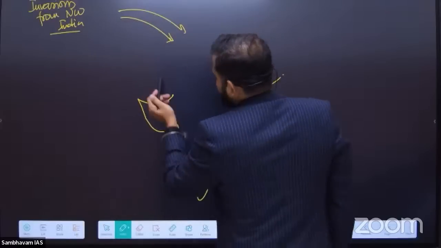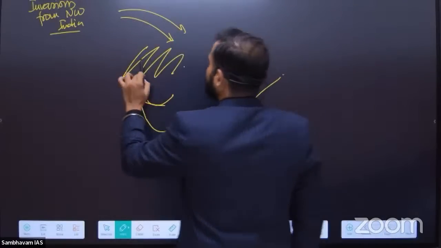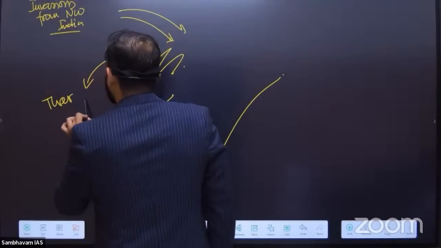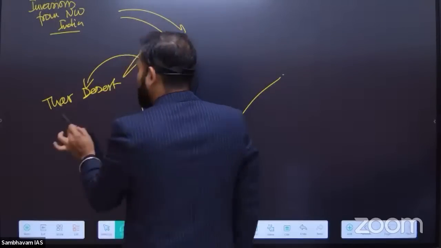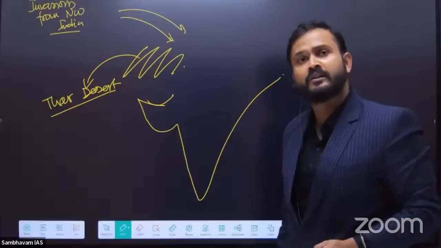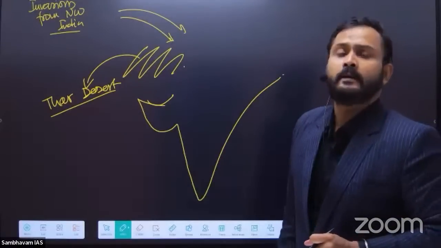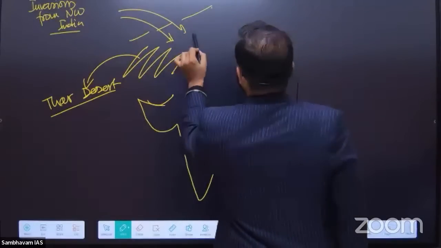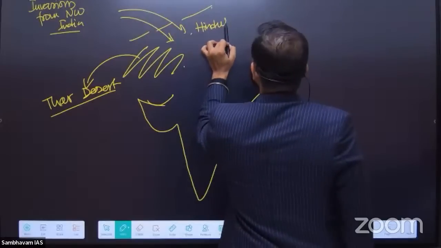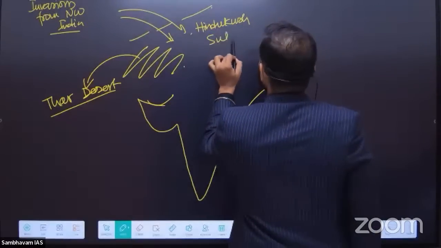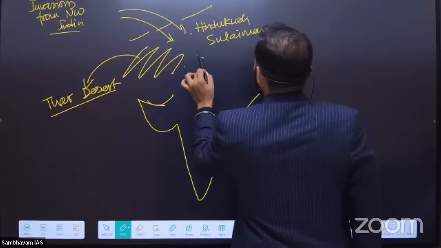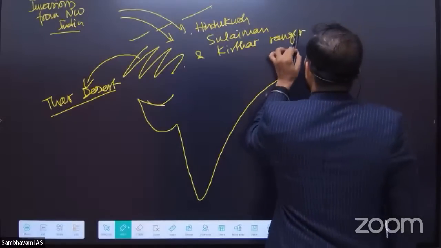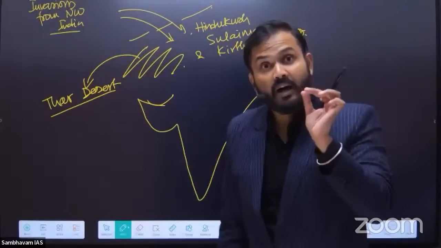Here, understand, the region here is the Thar Desert. Thar Desert that we name in India, this Thar Desert also in Pakistan, known as Cholistan. Again, here, mountainous regions. The ranges are Hindu Kush, Suleiman, and Kirthar ranges, and they are interspersed with passes.